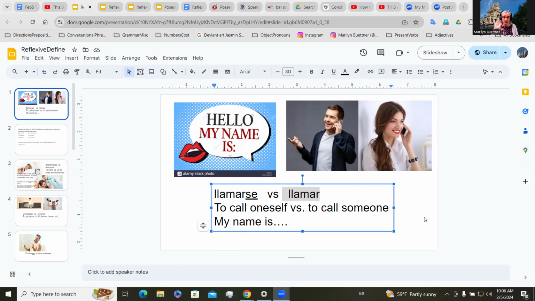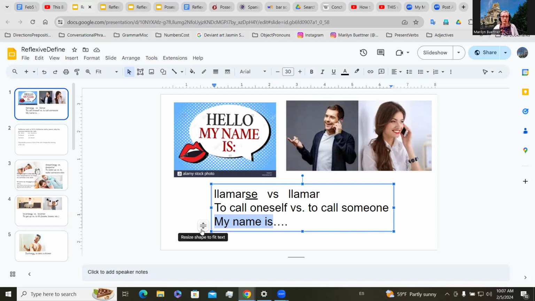Okay. So here's the difference. Llamar by itself with no se on the end means to call, like you pick up the phone or you just yell at somebody. But llamarse is to call oneself. And to say you call oneself to make it reflexive sounds odd because we don't use that set of words to say this idea. We say, my name is, his name is, her name is.